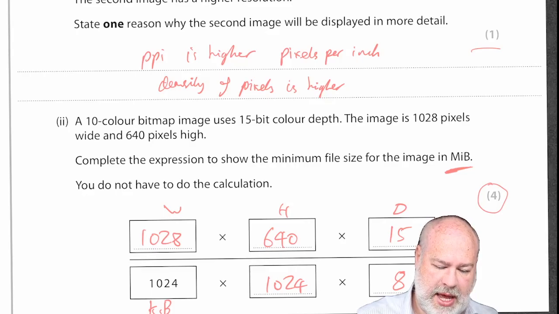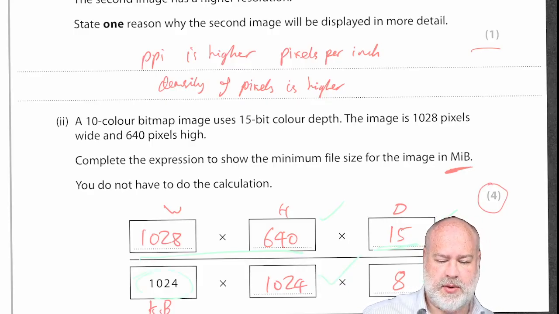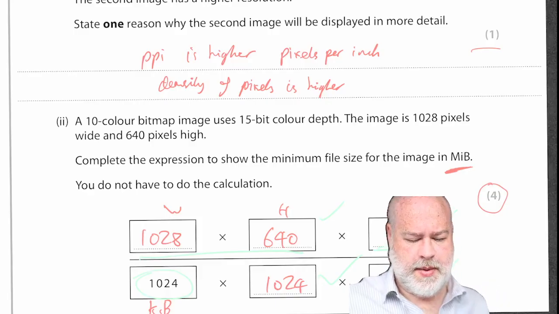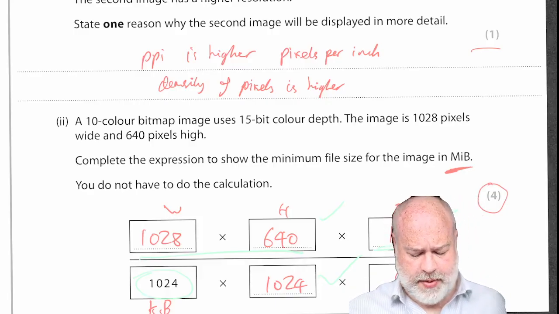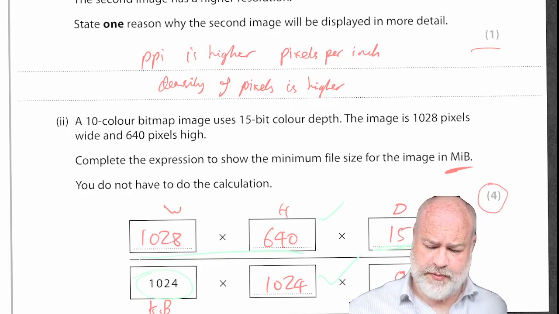You would need to have this in the numerator, so that would be a mark. You would need to have this in the denominator, and you'd need to have this in the denominator. They've helped you out a lot by adding the 1024 in here, so that if you forgot what a megabyte or a kebibyte was, it would really have helped you understand the conversion.